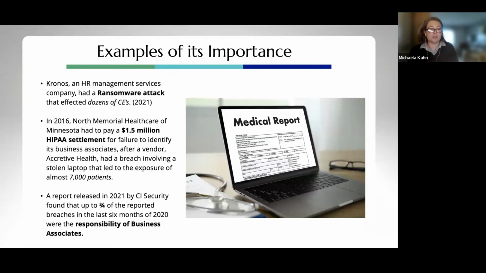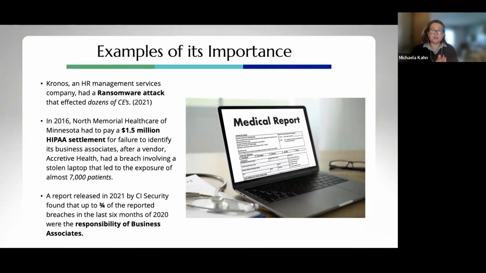Their business associate did. They had lost a laptop that exposed about 7,000 patients' worth of data. The fine was not because of the breach itself, but because of the covered entity's failure to identify them as a business associate and have the business associate agreement in place with them.